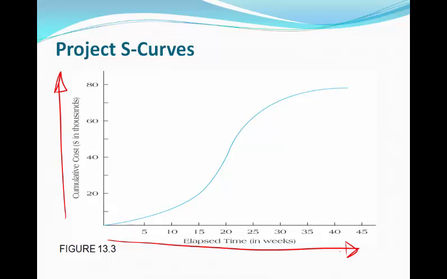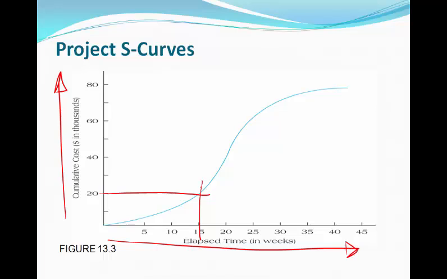What the S-curve is telling us is, for example, at 15 weeks into the project, we should have spent about $20,000 on this project, and that's all it's telling us, how much money we should have spent at any particular time throughout the project's life cycle.